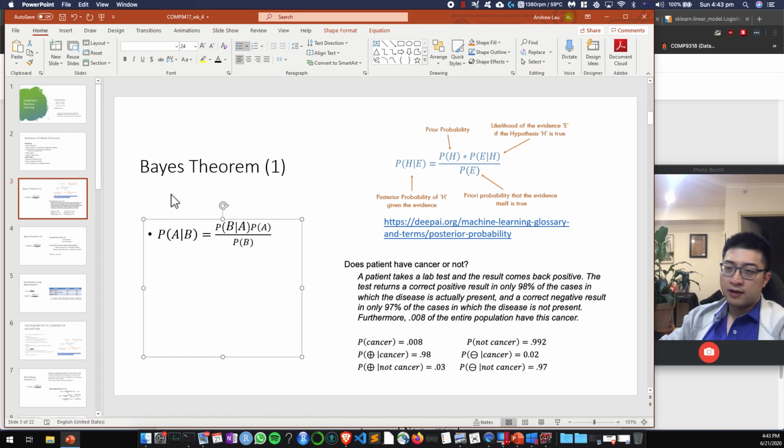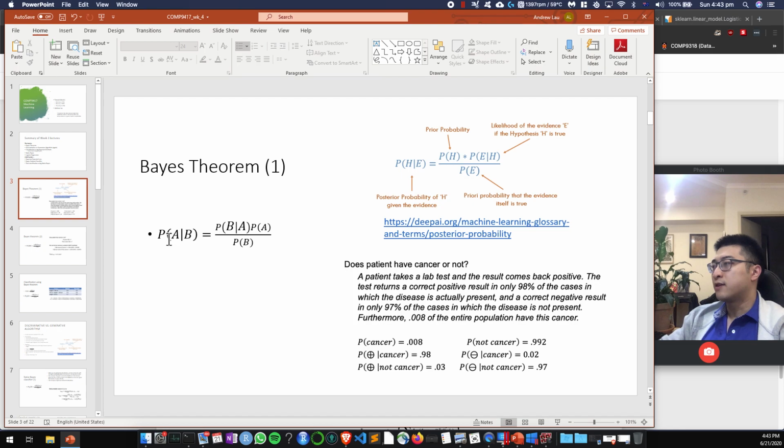And I'm not sure whether you'll be given this formula in the exam or not, but it's not too hard to remember. A common example is in the case of cancer diagnosis. This is a good example, but it also happens to form part of our tutorial question, so I'm going to hold off going into too much detail until we go into our tutorial questions.